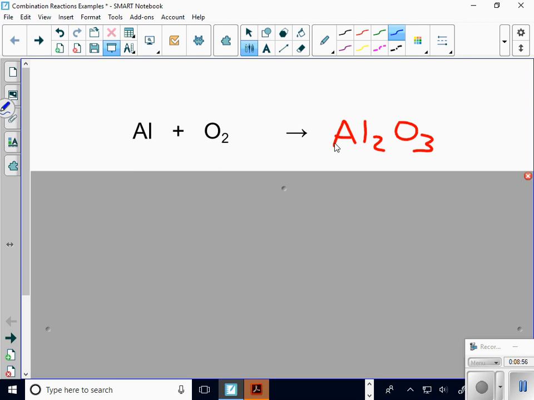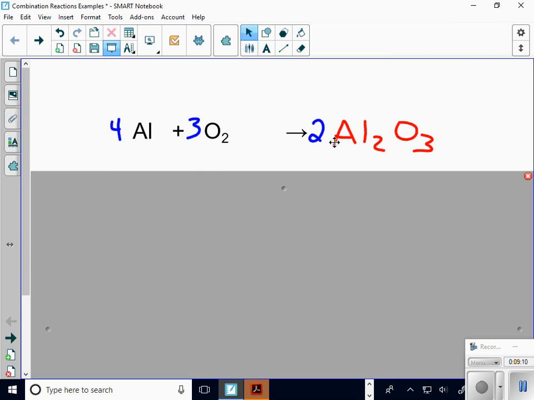So I need to make this an even oxygen. So now I have 6. And that would leave me with 4 aluminums. So my balanced chemical equation for this combination reaction would be 4Al plus 3O2 yields 2Al2O3.